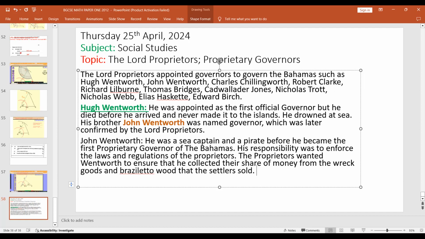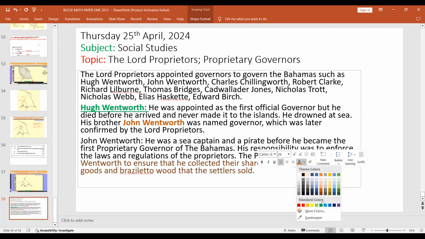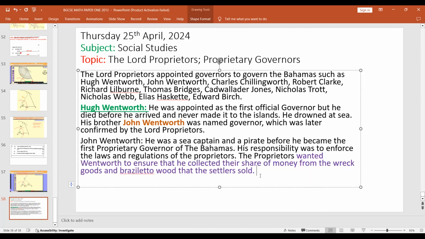So the proprietors wanted a portion from the funds that the settlers got from selling Brazilito wood or even from wreckage, right? So the Lord Proprietors wanted a portion of that, right?